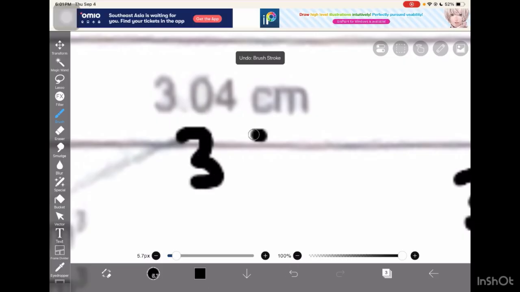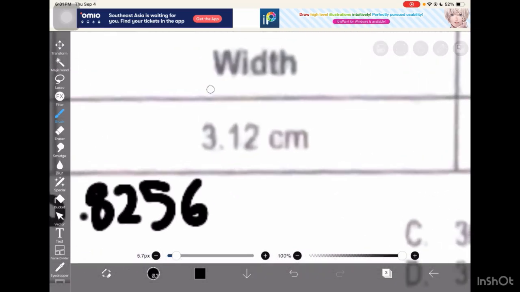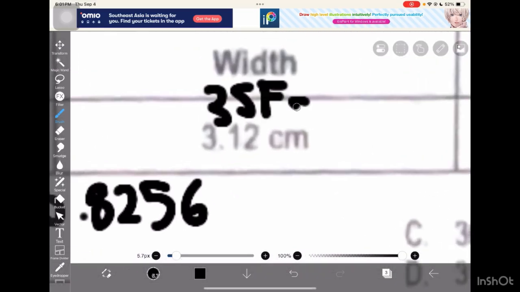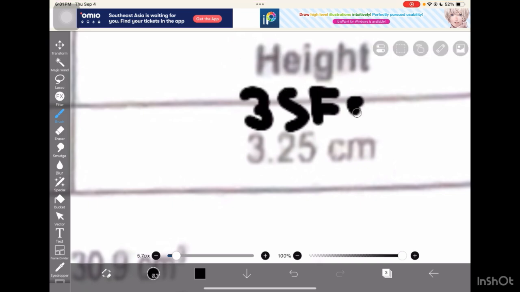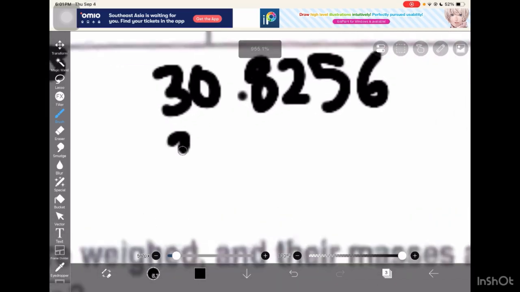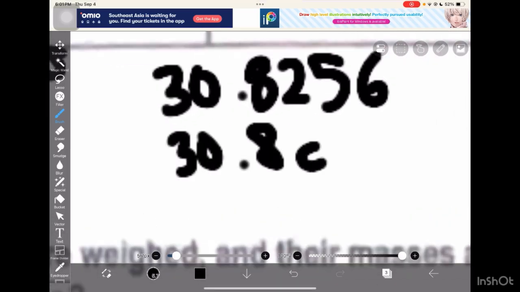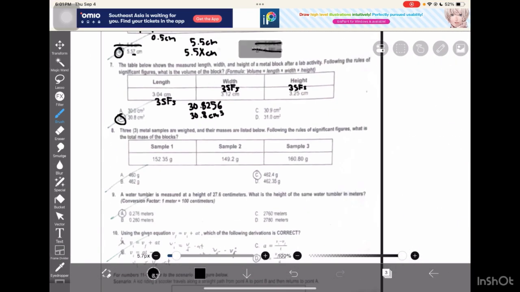So therefore, it's 3 SFs. Then since all of these are non-zeros, this is without a doubt also 3 SFs. Same thing here, 3 SFs. Since they all show 3 SFs, we can round this to the nearest 3 SFs. That will be 30.8 centimeters cubed. And that is the correct answer. Letter B.